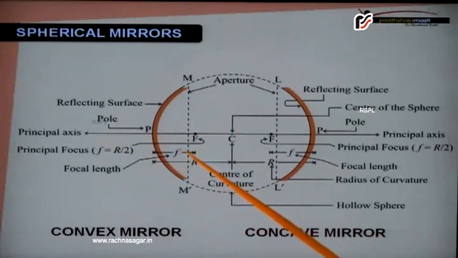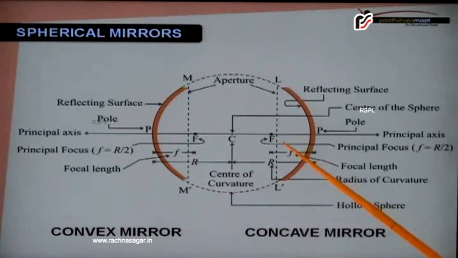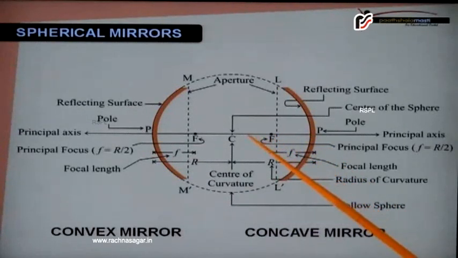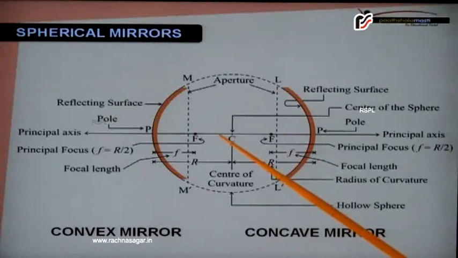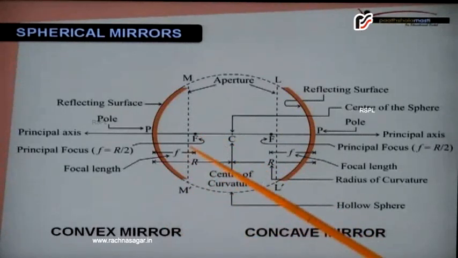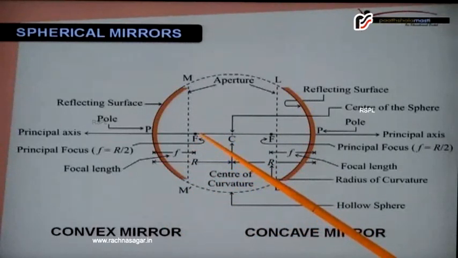Now focus, F, a point on the principal axis from which after reflection the rays of light meet, so it is known to be the focus point of concave mirror, and the focus of convex mirror is defined as where the rays of light after reflection appear to meet.